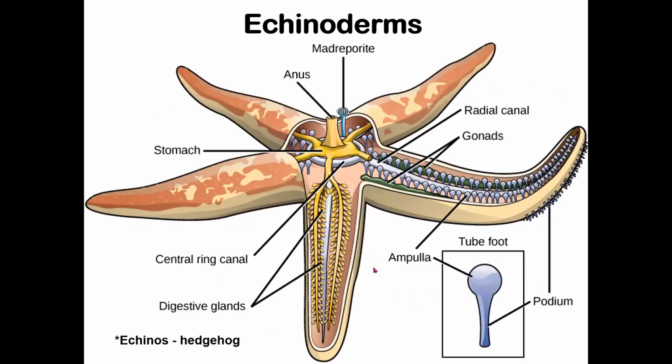Echinoderms, like sea stars, or starfish is the old name. The echinos comes from hedgehog because they have little prickles on them. What's interesting here is the mouth is underneath. There's the stomach, and there's the anus. It's all one unit there.